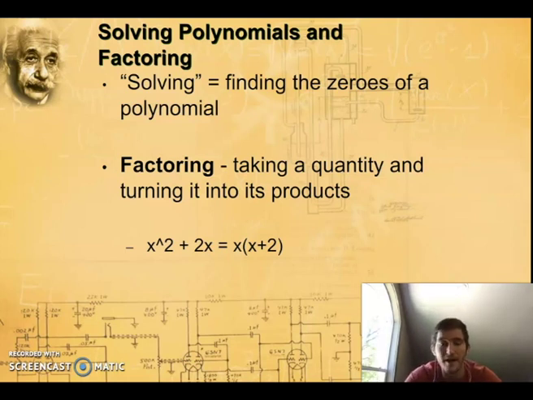So now I have a simpler expression, and I can easily find the zeros because I know 0 times whatever is in the expression here, 0 times whatever that is, has to equal 0. And so when I turn it into these smaller binomial chunks, I know exactly what x value is going to give me a 0 in that situation. All right.